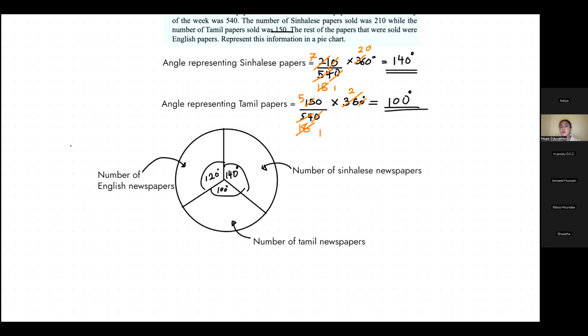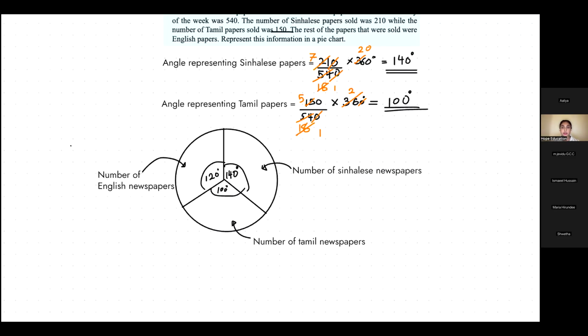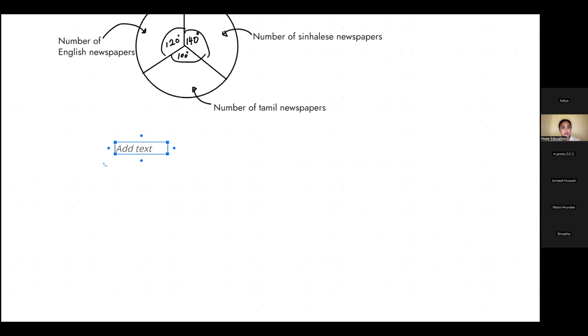All right. Now let's move on to 11.2. 11.2, our homework is third question. Exercise 11.2, third question.